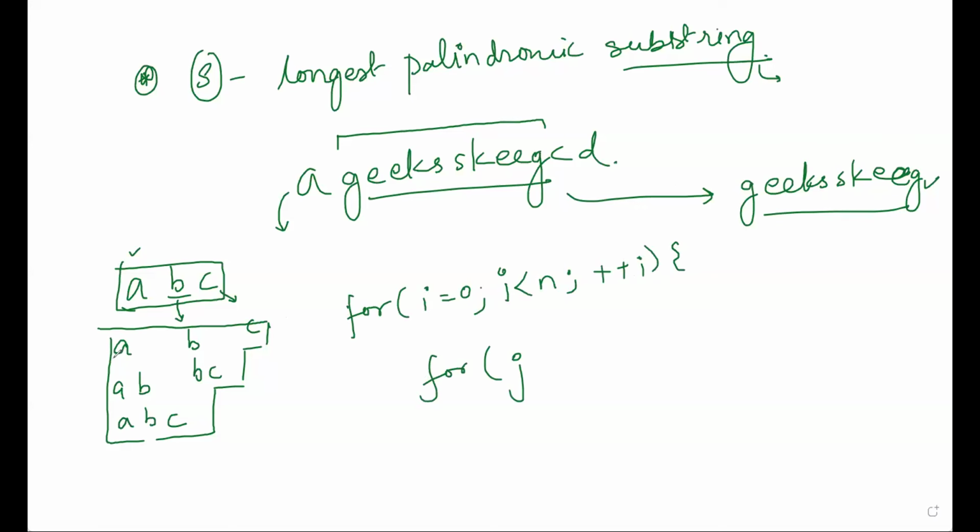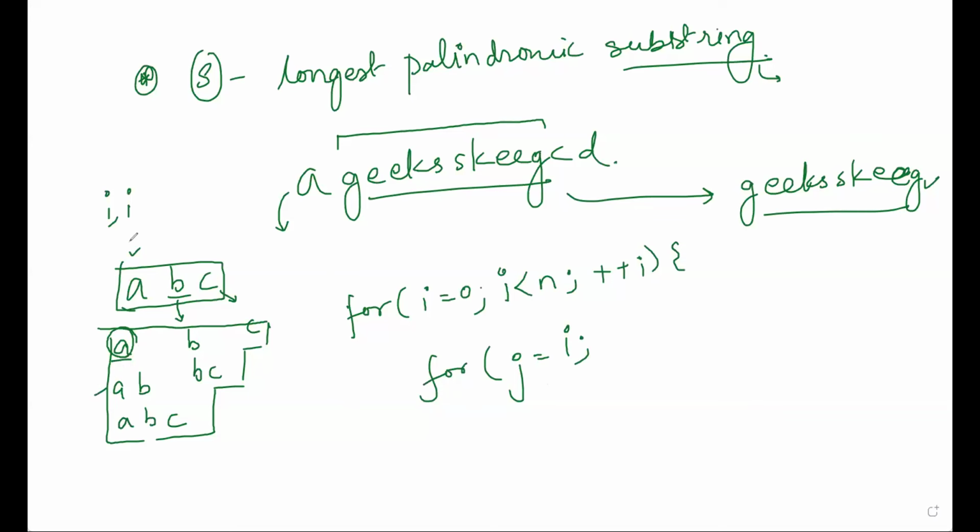Remember, always when I am at index i, my ending index starts from i itself, because the first substring is the substring of length 1, which is nothing but the character present at the ith index. String formed by only one character. So j will start from index i and go till where?